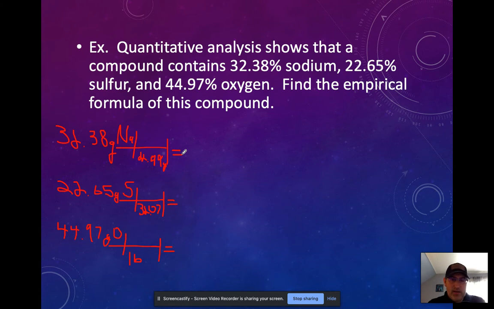32.38 divided by 22.99, that's 1.408. Now, I wouldn't round too much. Some people round too much and then you get off a little bit. Okay, and that is moles of Na. Then 22.65 divided by 32.07 is 0.7063.